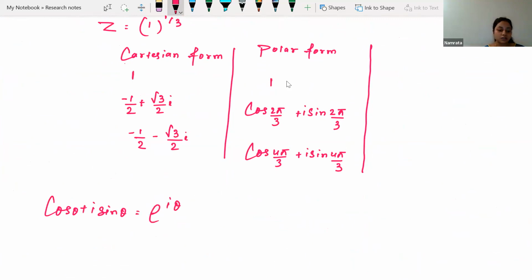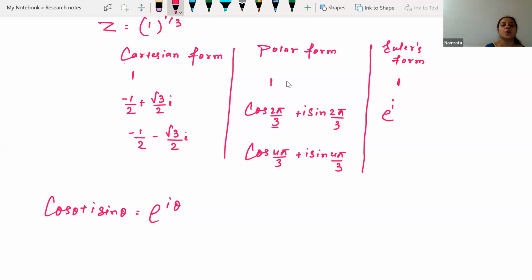So for the first one in Euler's form, I am writing it as 1 only, because it is 1 in Euler's form also. The other one is in cos theta plus I sin theta format, so now I can write it in Euler's form.